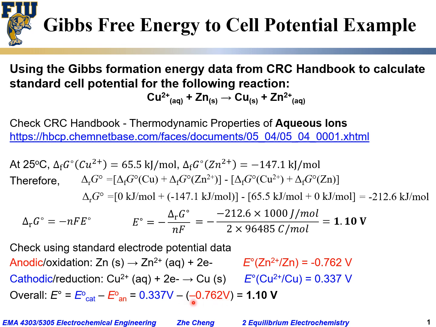And minus minus becomes positive, so the result would be 1.10 volt. So you see that you can get the same value using the standard electrode potential series directly, or you can go back to the Gibbs formation energies from the table to calculate the reaction Gibbs free energy change, and then calculate the standard cell potential. Use either method, you should have the same result. Okay.